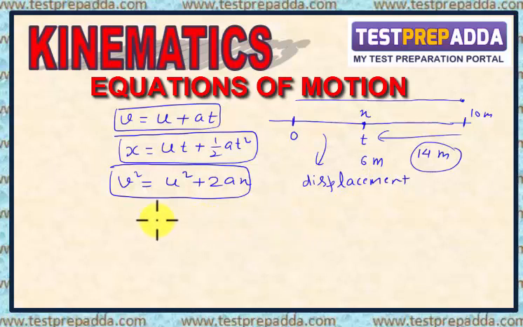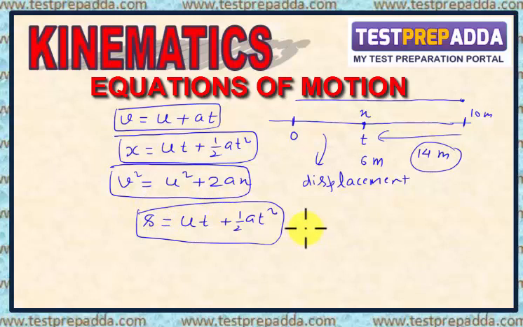So we can also write this as s is equal to ut plus half at square, and v square is equal to u square plus 2as.